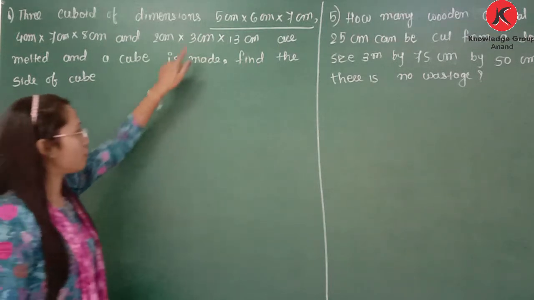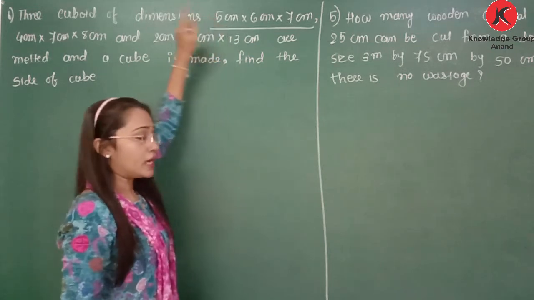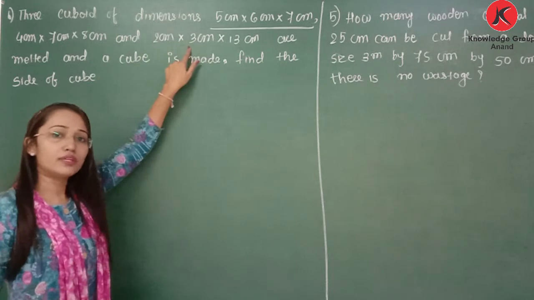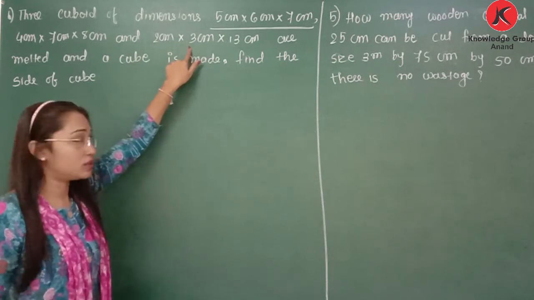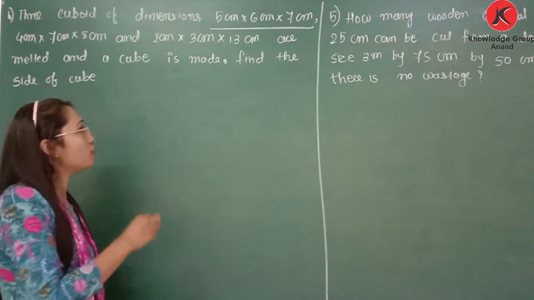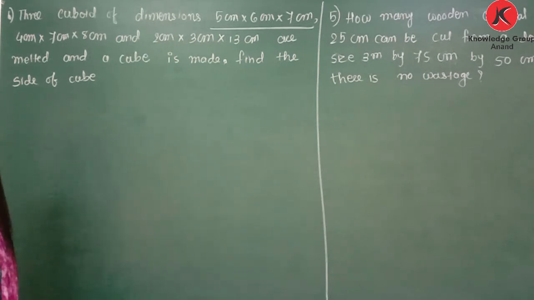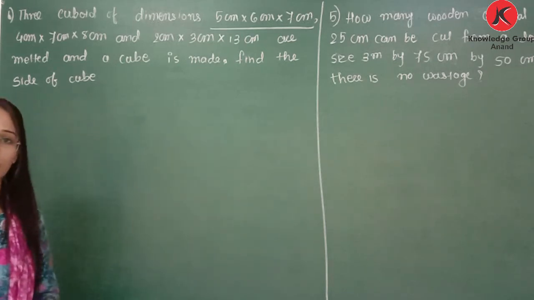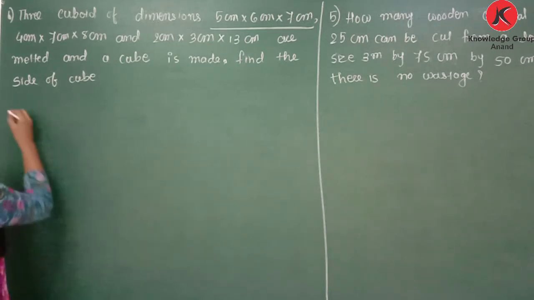First of all we will find the volume of the first cuboid, then the second cuboid, and then the third cuboid. After that we will add all these volumes, and that will be the volume of the cube, and from that we can find the size of the side. So let's start here.